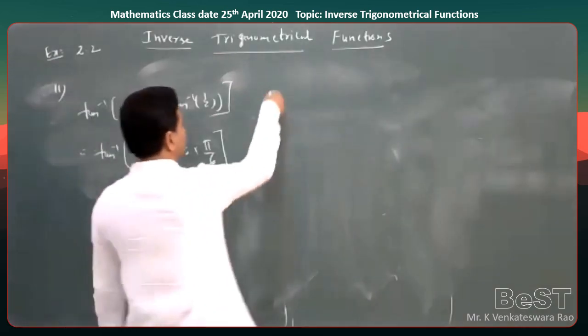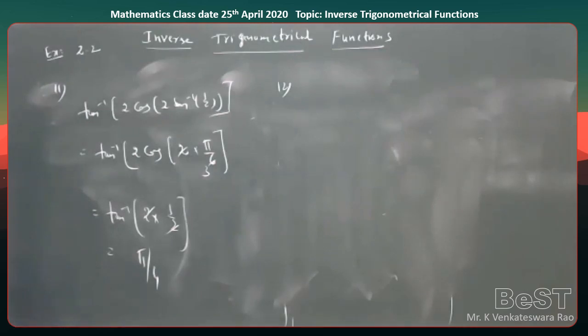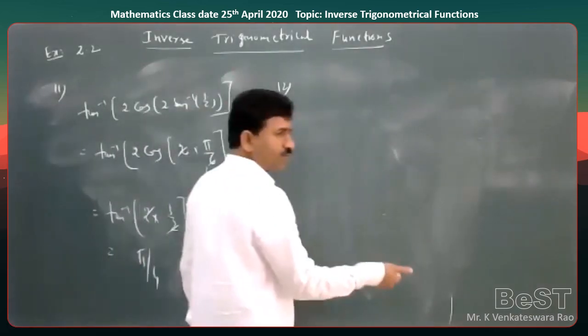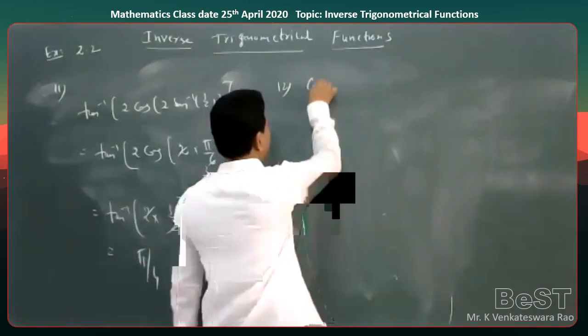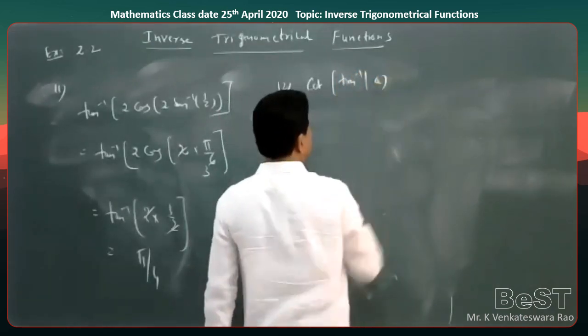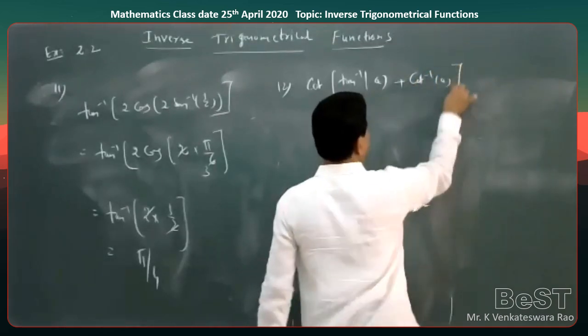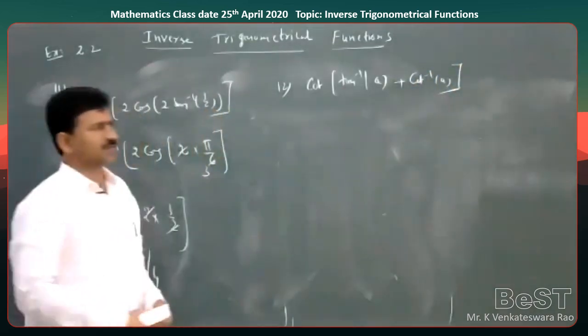Next problem, the 12th one. Cot of tan inverse of A plus cot inverse of A. Very simple problem.